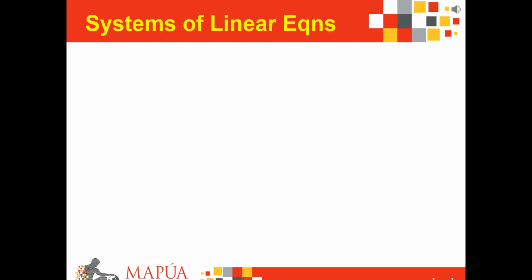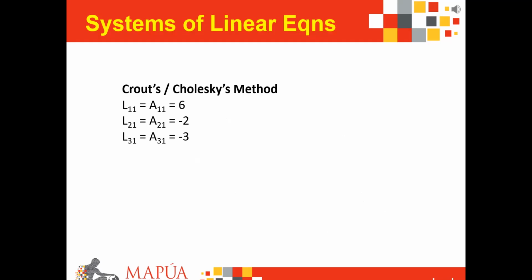We begin by solving these particular elements using the formula for Kraut's or Cholesky's method. Therefore, our L11 is simply equivalent to 6, our L21 is equivalent to -2, our L31 is equivalent to -3. Whereas our U12 on the next step involves dividing A12 by L11, giving us a fractional value of -1/3.